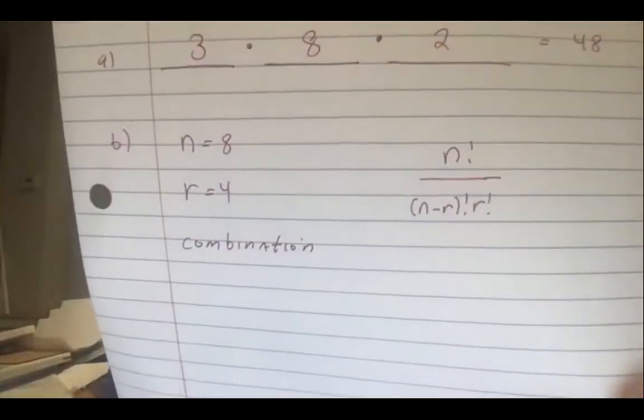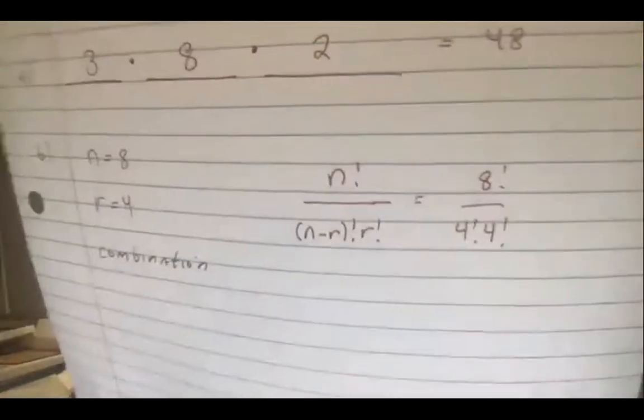Which becomes 8 factorial over 4 factorial, 4 factorial. N is 8, R is 4. And then you do the math, and I think you get 70. So there were 70 possible choices that Nikki's horrible sister, who's doing nothing but ruining his fun, can make.